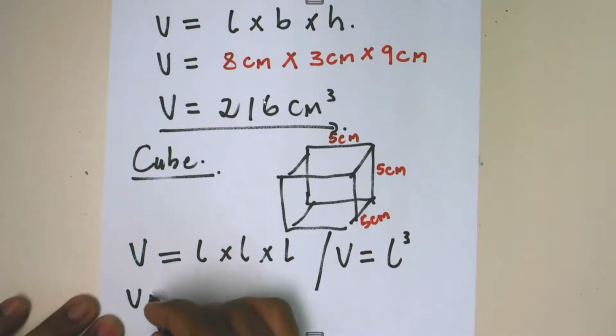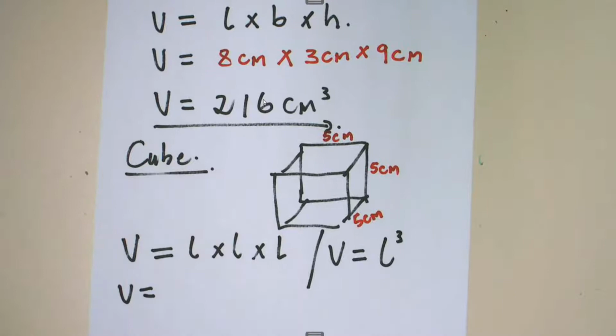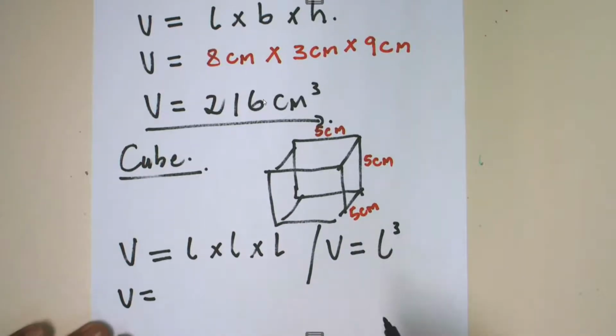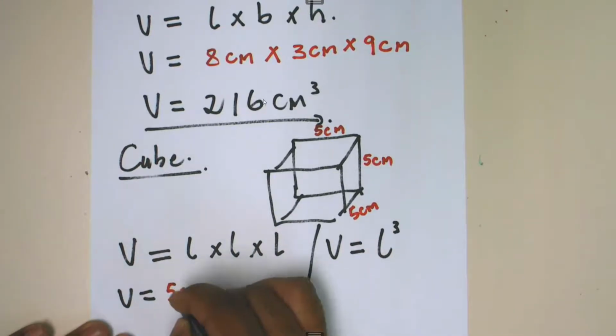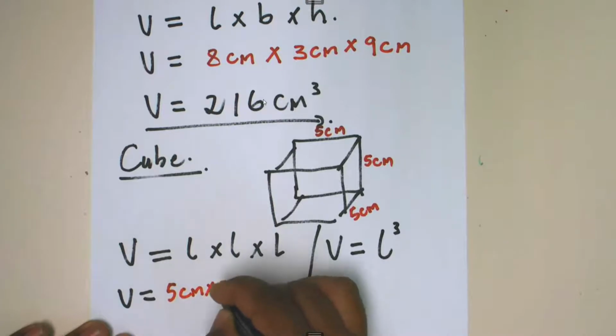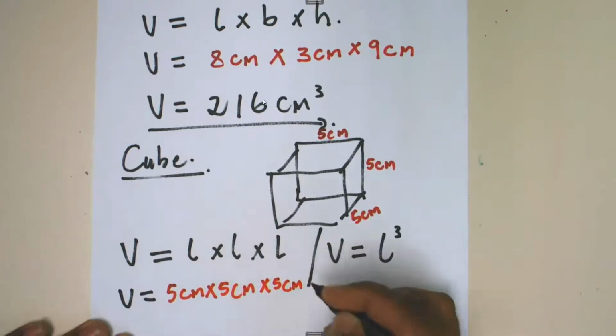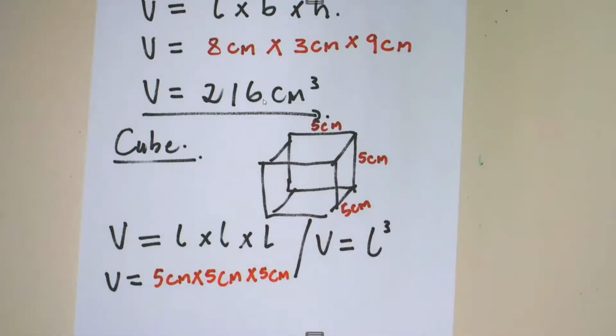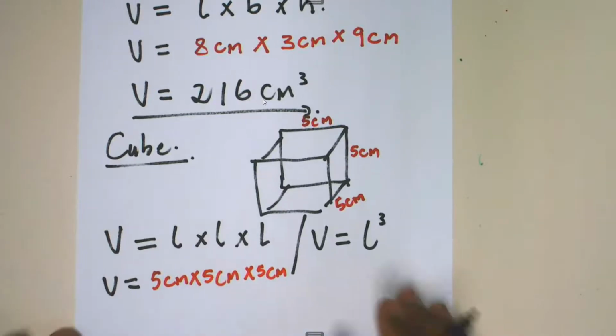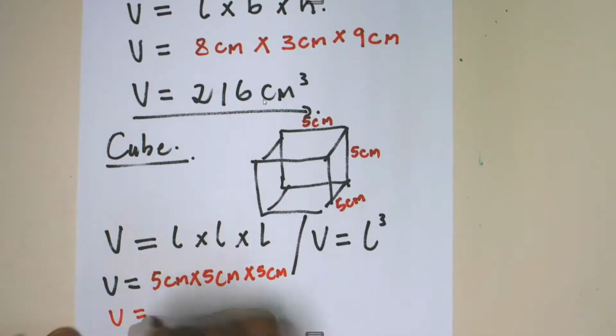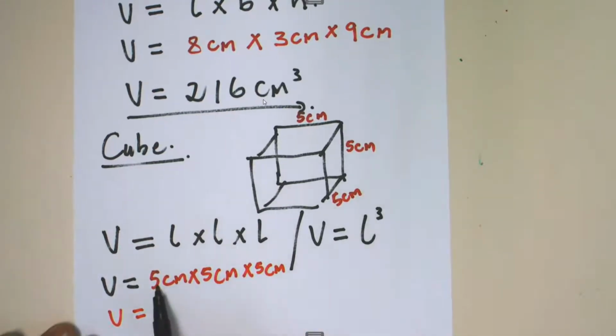Then now let us do the substitution just like we did with the rectangular prism. 5 centimeter multiplied by 5 centimeter multiplied by 5 centimeter. 5 times 5 times 5. And therefore, we'll say the volume now will be 5 multiplied by 5, it will be 25.